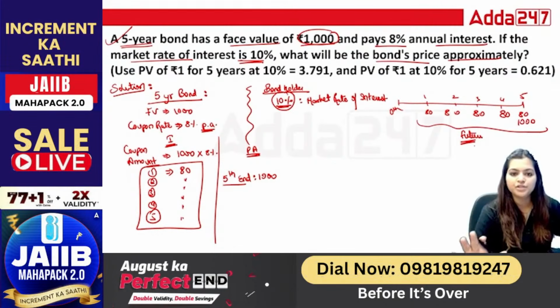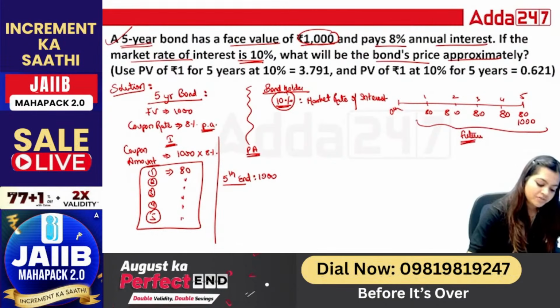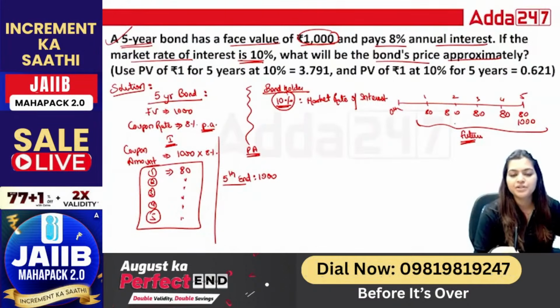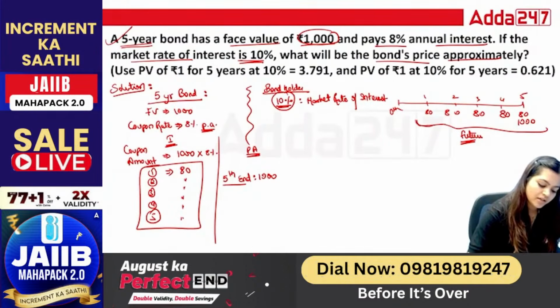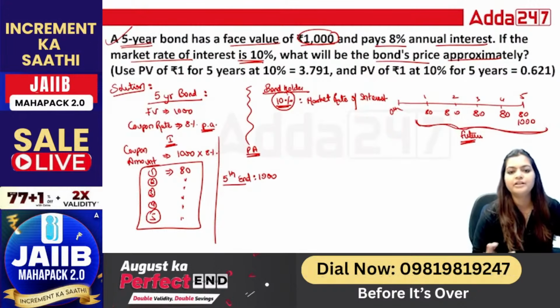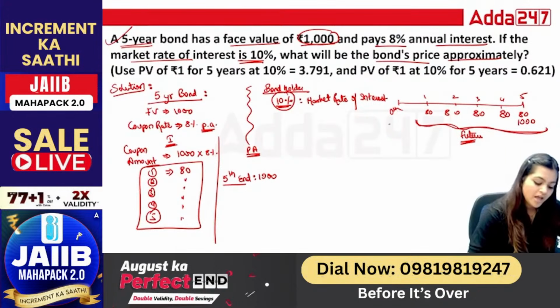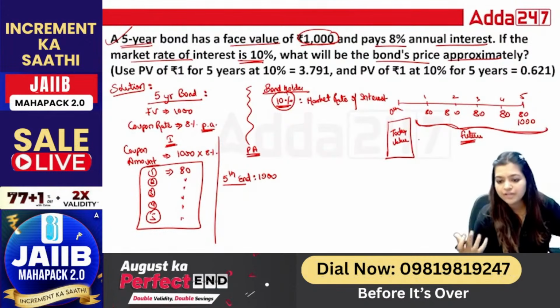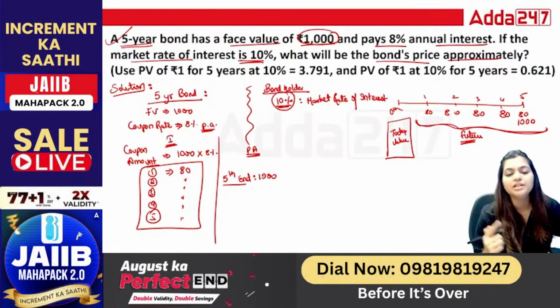I have not purchased this bond yet. I am just valuing whether to purchase it or not. This is the amount I will earn if I purchase it, but I want to know today's value, whether the amount I'm paying today is worthy or not.